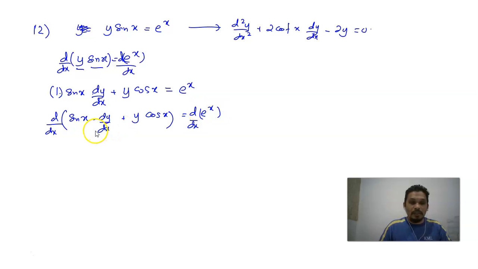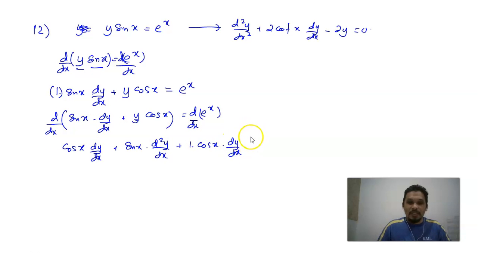So now for this one here, derive the sine, it gives you cos x dy dx plus with sine x, differentiate this dy dx, it gives you second derivative of y respect to the x, plus with, okay, now derive the y equal to 1 and then cos x, and because we derive y respect to the x, it comes out with dy dx, okay, plus with now y and derive the cos x, it gives you negative sine x equal to derive the e^x equal to e^x.